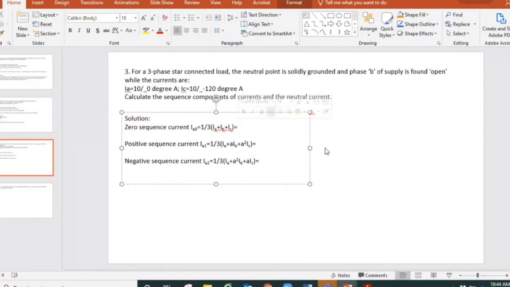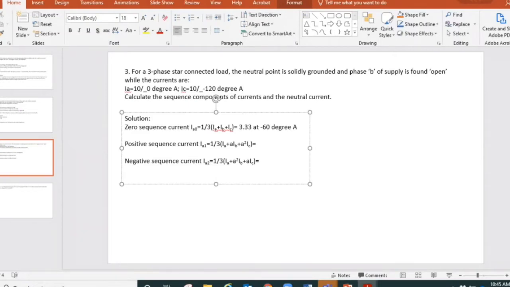You're saying 3.33 at an angle of minus 60 degrees. Let's see what others are getting. 3.33 at an angle of minus 60 degrees. Yes. Okay. IA0.